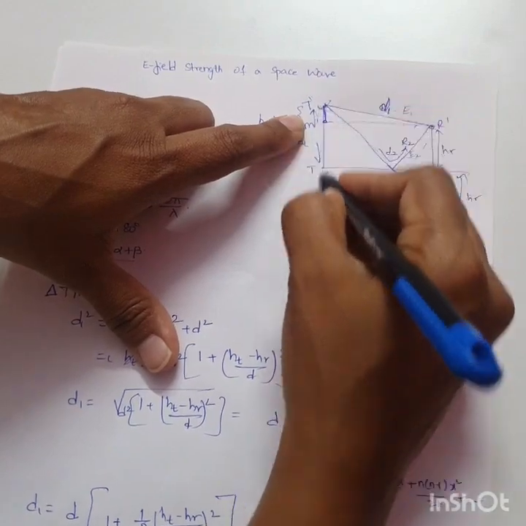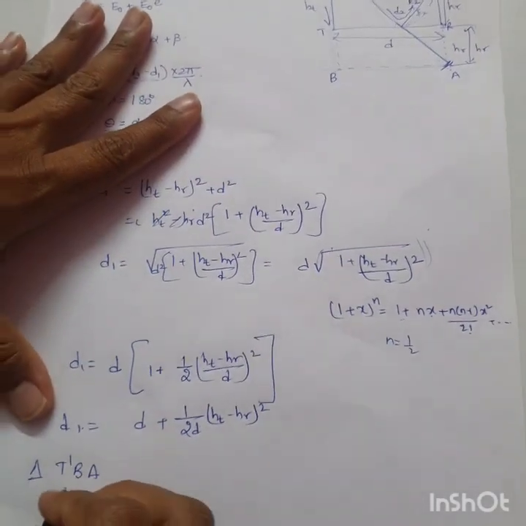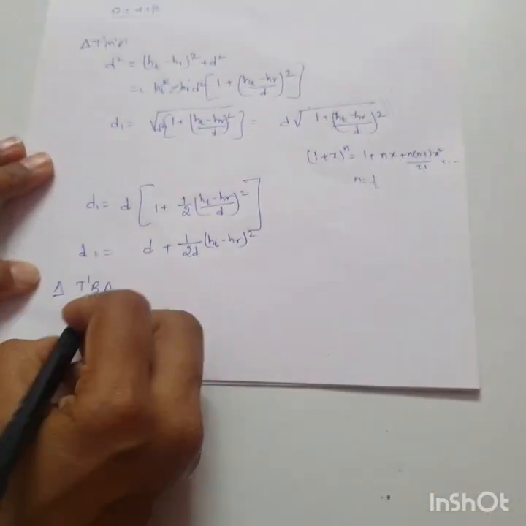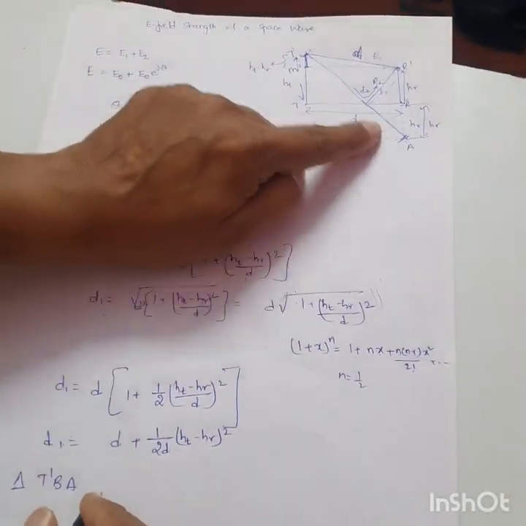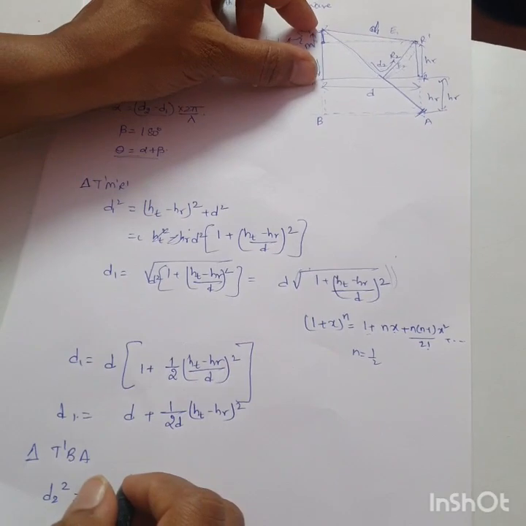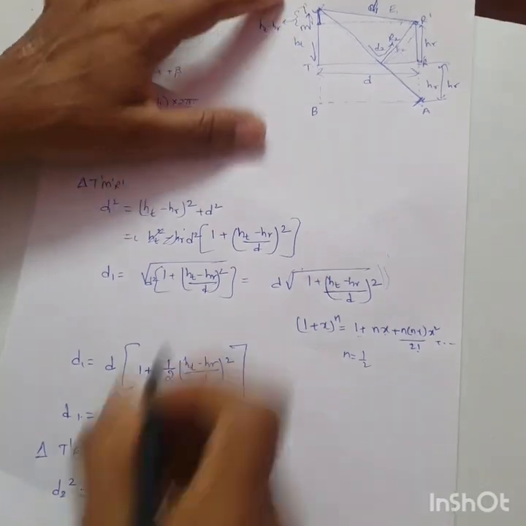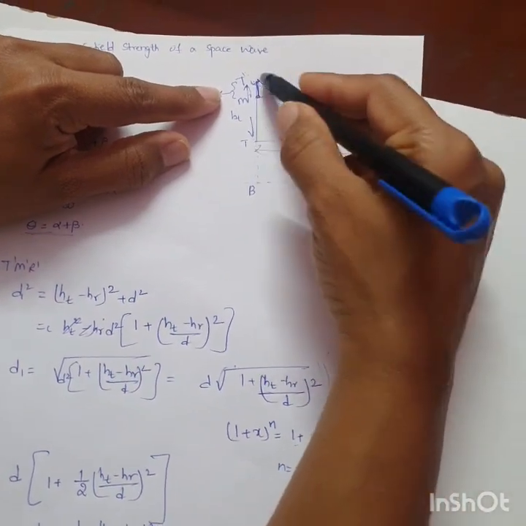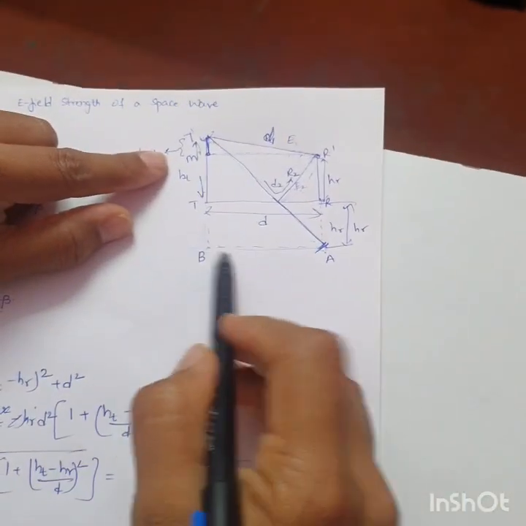Considering the triangle T prime B A, I can again use the right angle triangle Pythagoras theorem. D2 square is equal to, this entire distance is HT plus HR, so HT plus HR whole square plus this distance D, which is D square.